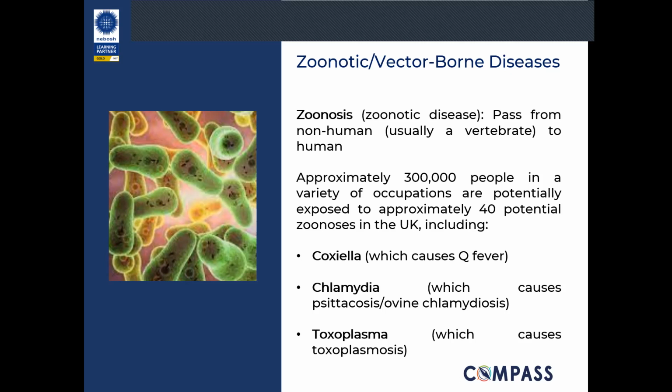Approximately 300,000 people in a variety of occupations are potentially exposed to approximately 40 potential zoonoses in the UK itself. So that's quite a concern, should we say, but in proportion to other biological agents, it's quite small. Typical examples: Coxiella, chlamydia, and toxoplasma.